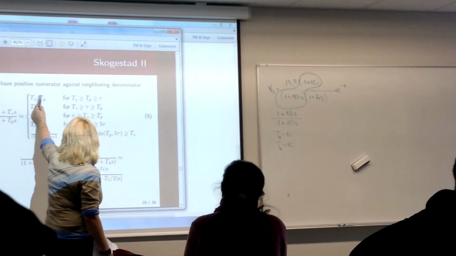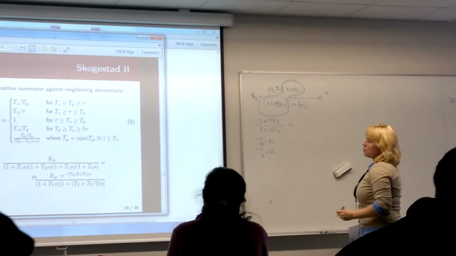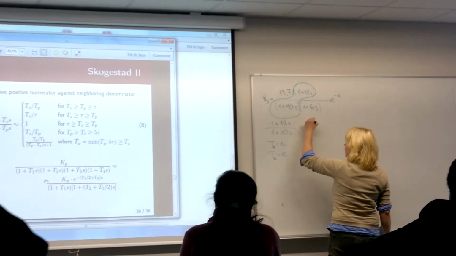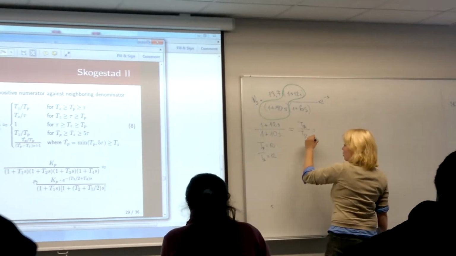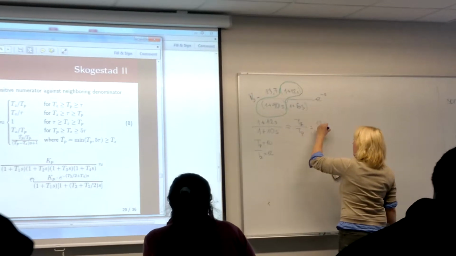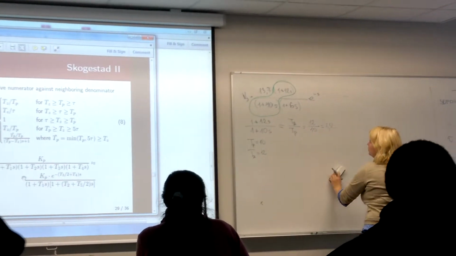So in that case, we rewrite this transfer function as T_Z divided by T_P. We divide 12 by 10 and we obtain 1.2.